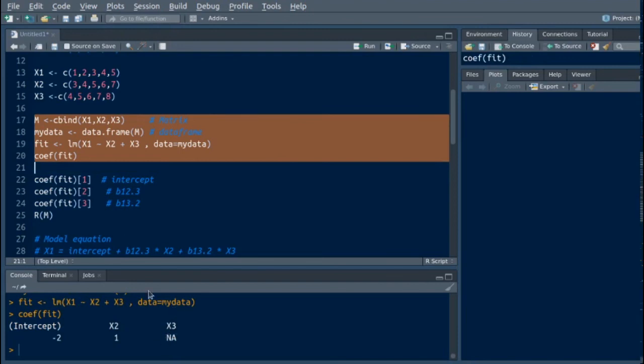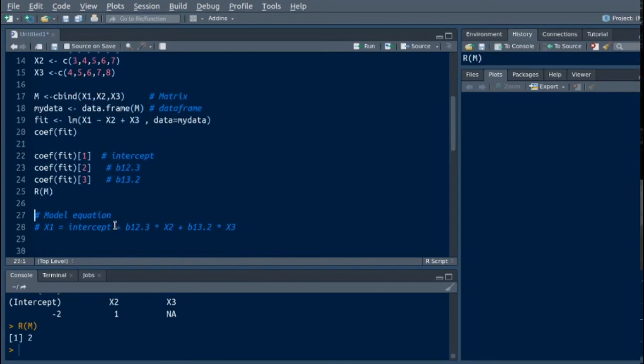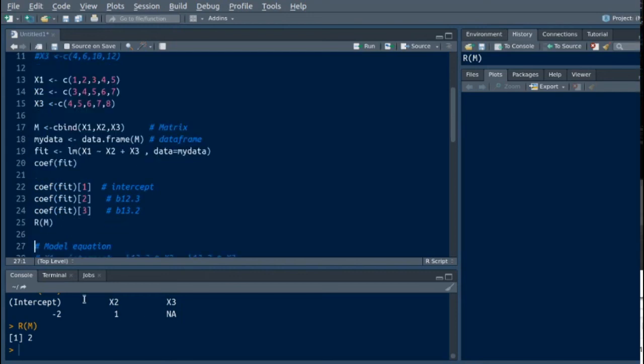The reason is that if I try to find the rank of the second matrix, I get the rank as 2. That means one of the variables is a linear combination of the other variables. So in this case, the rank is coming out less. This is the linear combination concept, and I'm sure you are aware of it.